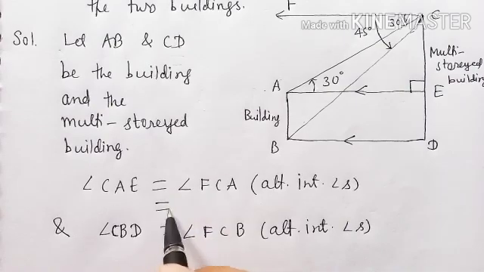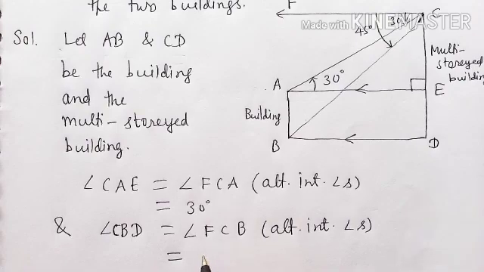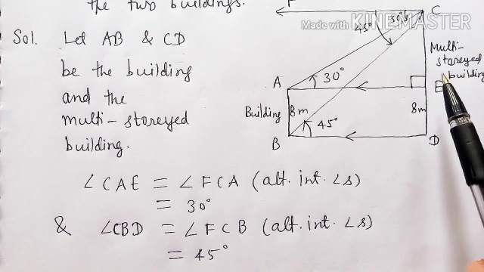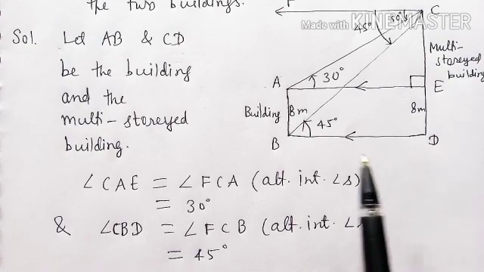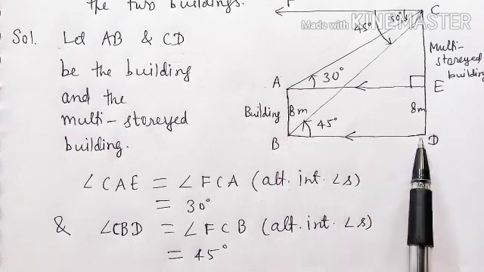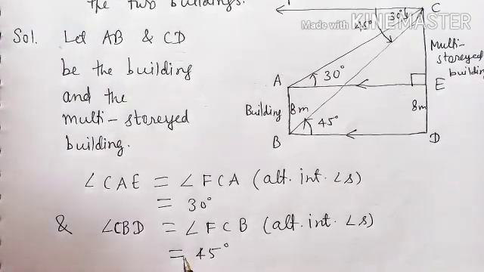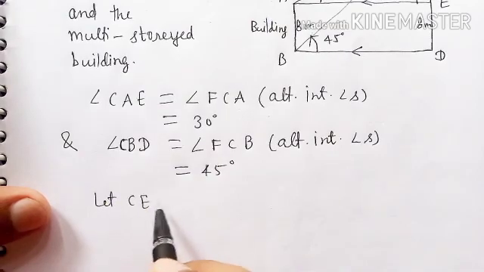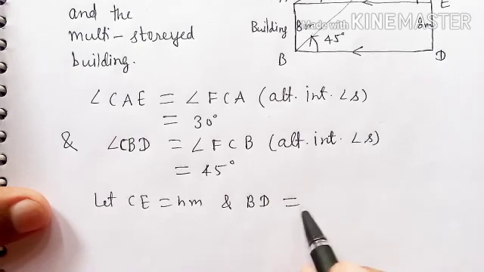So FCA is 30 degree and FCB is 45 degree. We have to find the height of the multi-storey building CD and the distance between the two buildings, means BD. So let us suppose CE as h meter and BD as x meter.